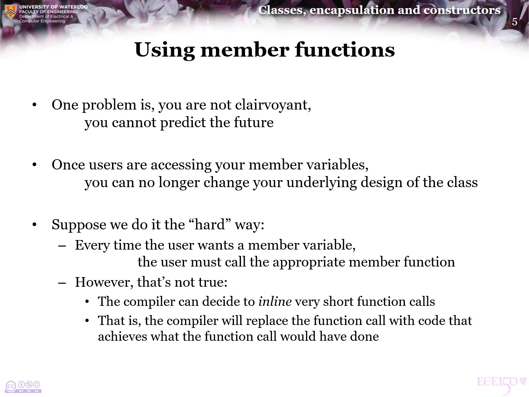So if all you're doing is accessing a member variable which is being returned by a function, the compiler can simply decide to replace that function call with just access to that member variable's value.